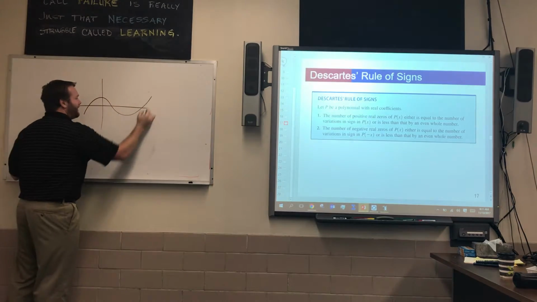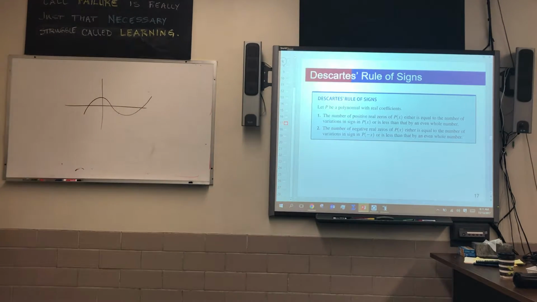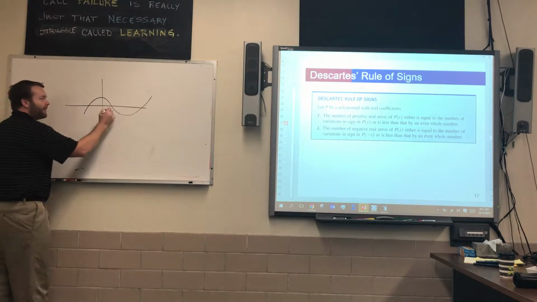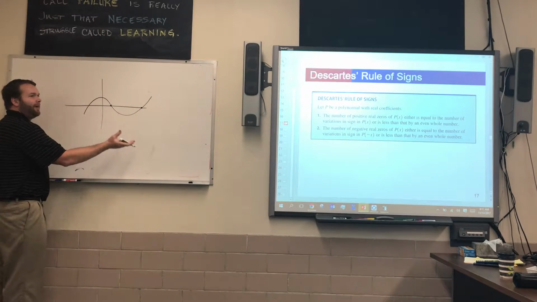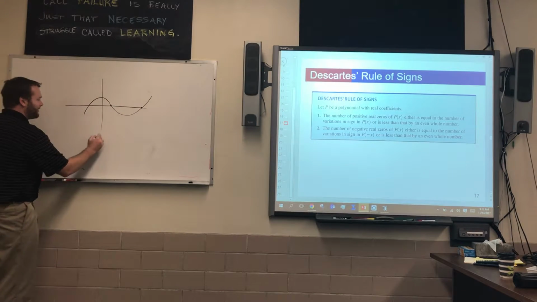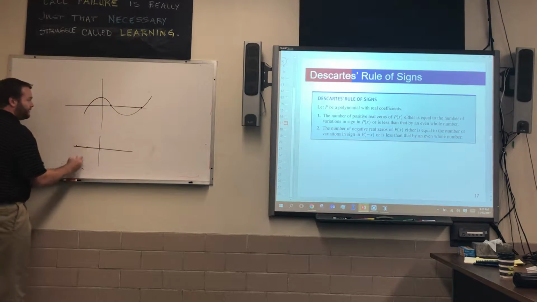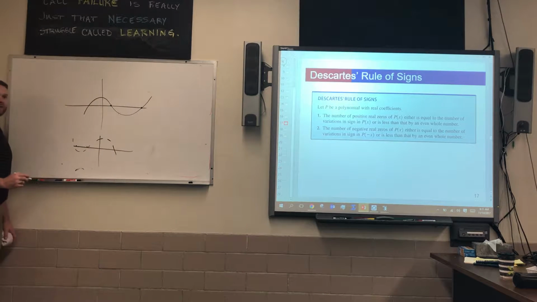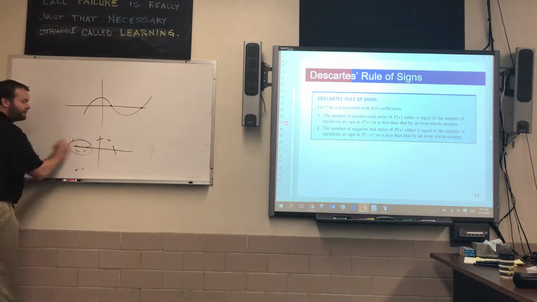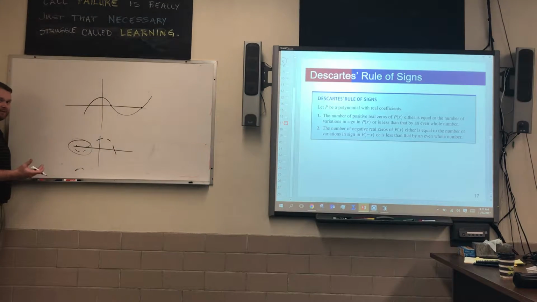So if you're visualizing this, say we've got P of x and it looks something like that. I don't know exactly what the polynomial form is, but I do know I've got 2 real zeros here. If I multiply by a negative x, it's going to take that graph and flip it over the y-axis, like that, and now you're going to have 2 negative zeros over here, correct? Does that make sense?